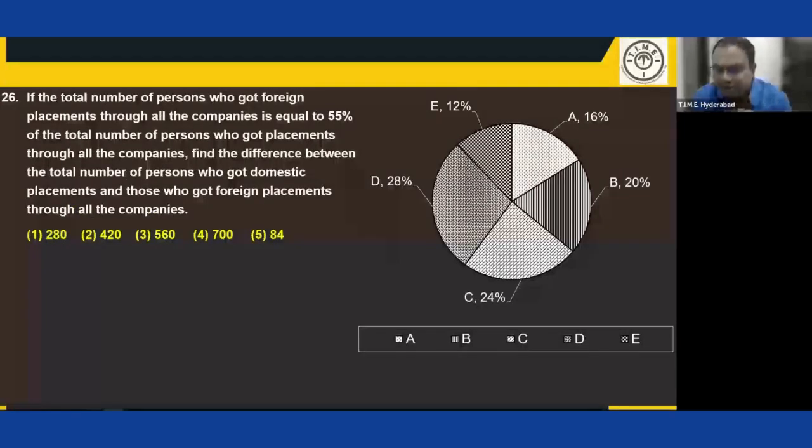Last question, question number 26, choice 3 in pie chart. 25 is choice 1, Suhan. 26 is choice 3, Bharadwaj. 26 is choice 3.